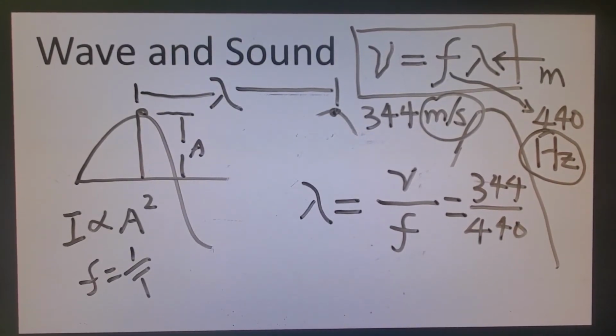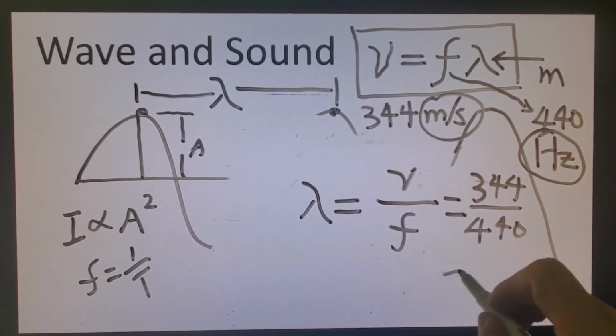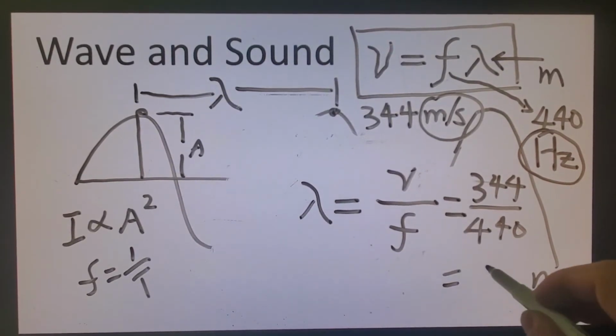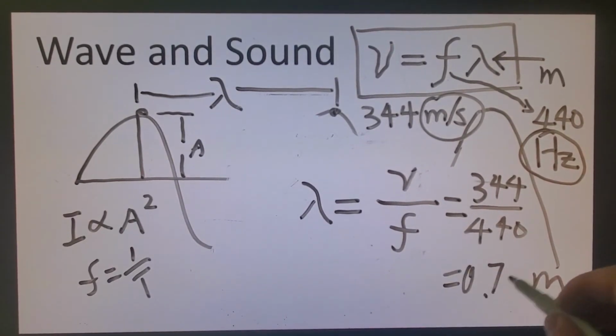You have to use the right unit. If you use the right unit, then you end up with meters as your end result. 344 divided by 440 is 0.78 meters. That would be the wavelength.